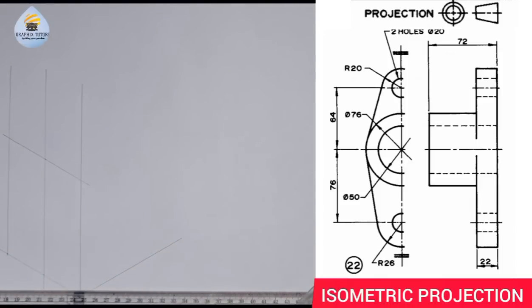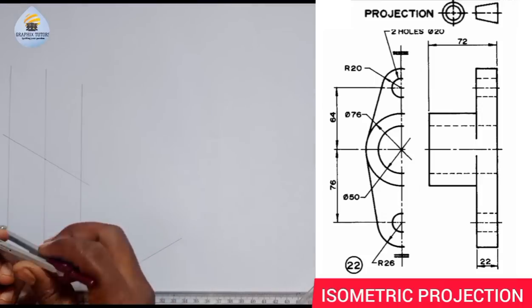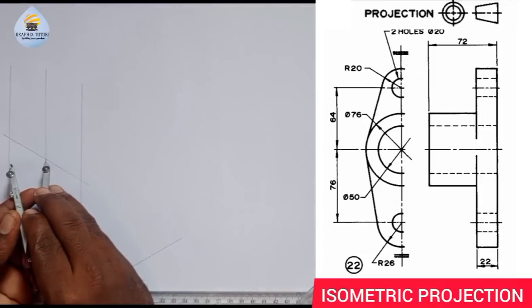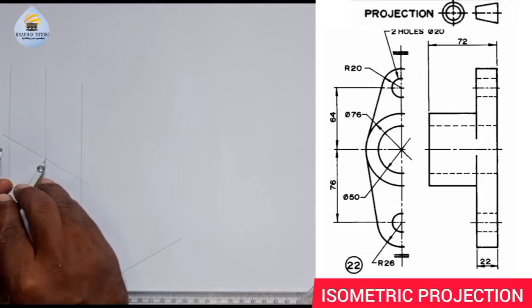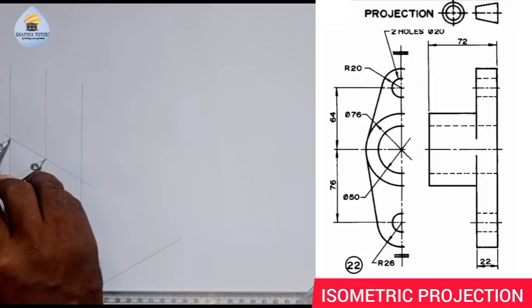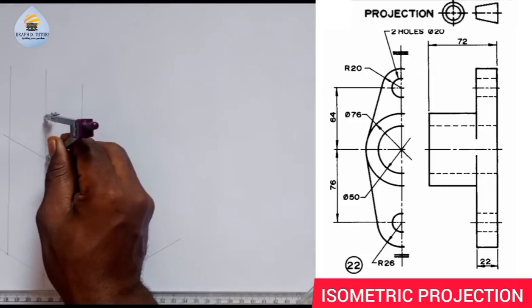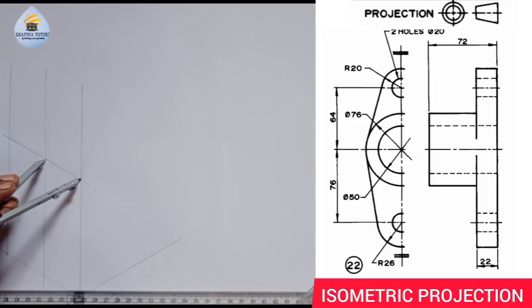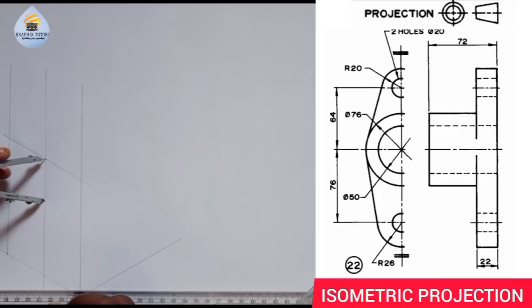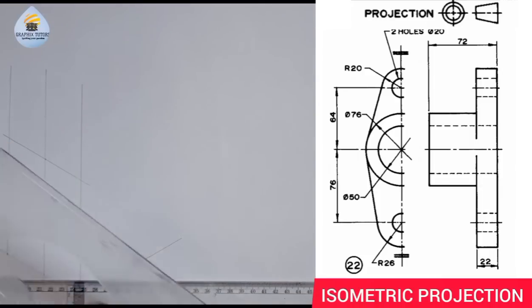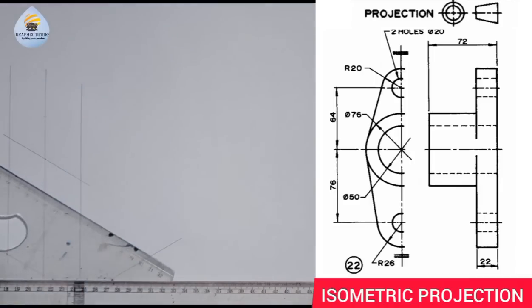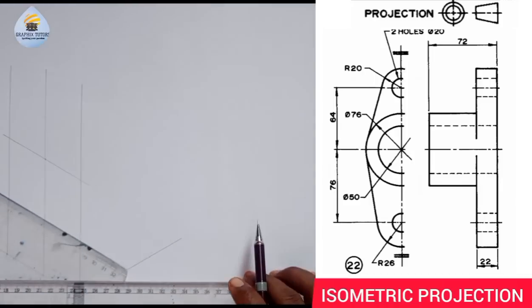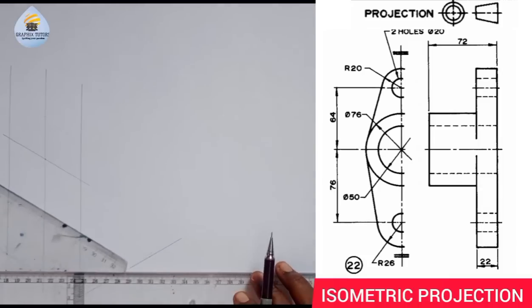And I'll now take the radius. Since the radius is from here to here, 38, I'll take it up and down. So from here, I'll measure 38 here, 38 here, and 38 down. And I'll use it to form a box in this manner.